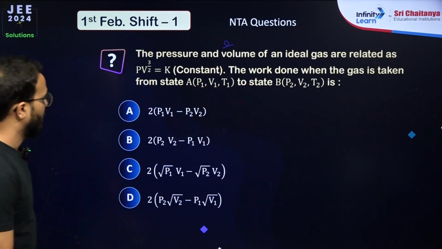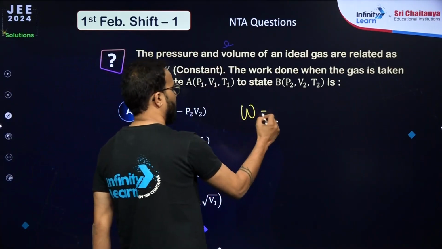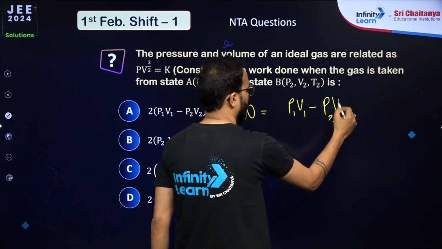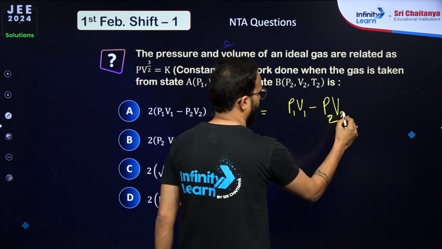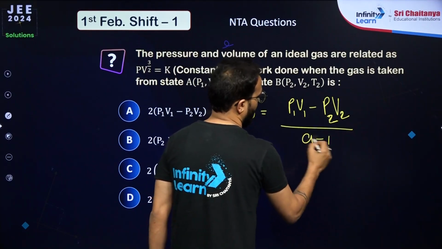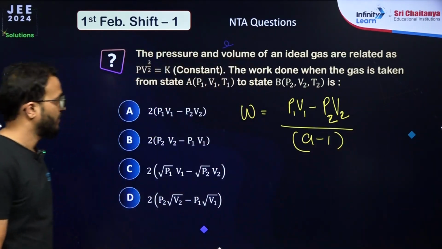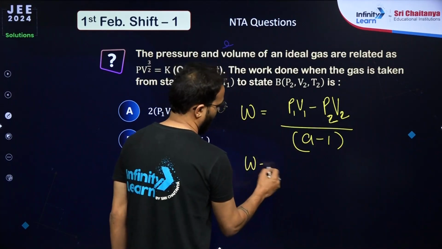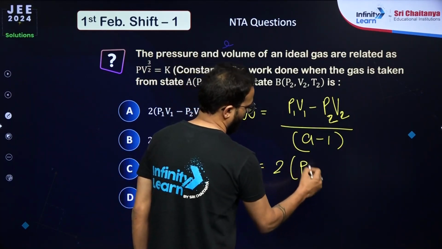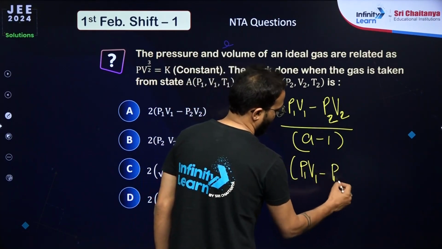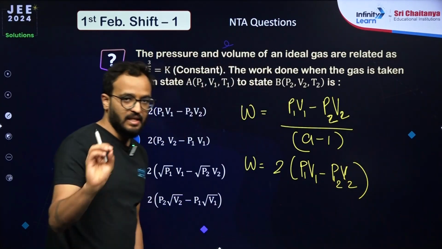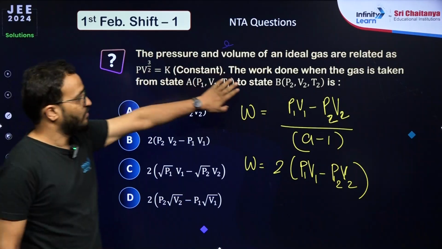Now, here what is the work done? For a polytropic process, work done is (P1 V1 minus P2 V2) upon (A minus 1). That's all. What is A? A is 3 by 2. 3 by 2 minus 1 is half. So work done is 2 times (P1 V1 minus P2 V2). Now there is a slight glitch here. They have just asked work done.